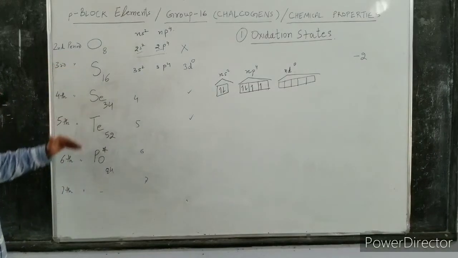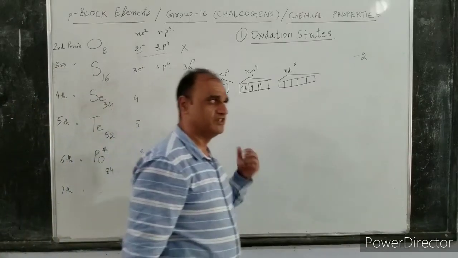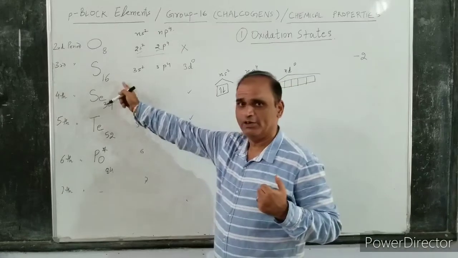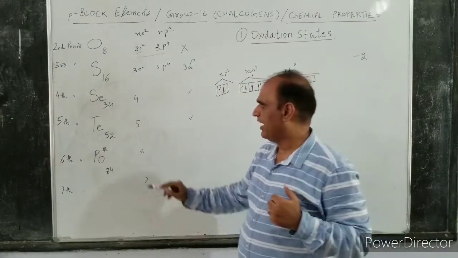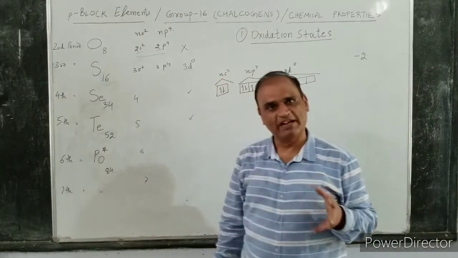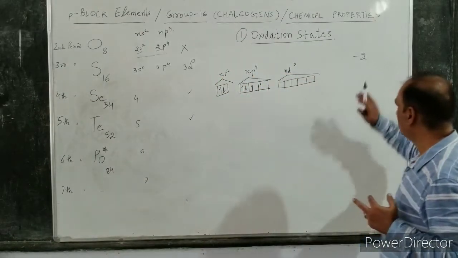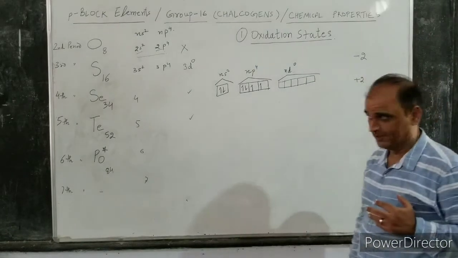We know on moving down a group, metallic character goes on increasing. Oxygen and sulfur, due to that reason, are typical non-metals. Selenium and tellurium are metalloids, and polonium has metallic character. That is why polonium, of course, shows +2 state, but it does not show -2 state.